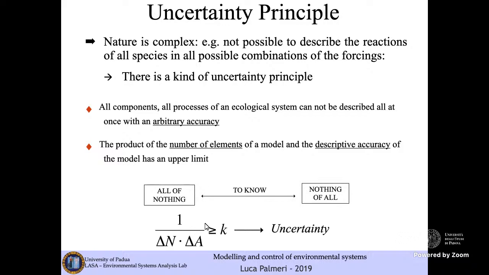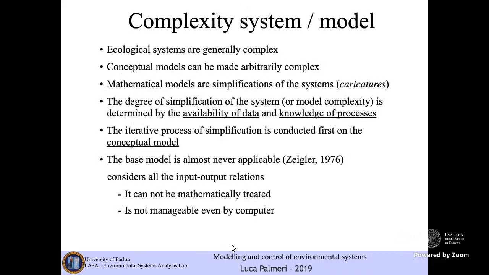So we have a limit on including the largest number of elements in a system and the largest accuracy in the description of those elements. We end up by saying that ecological systems are generally complex. Conceptual models can be made arbitrarily complex, as I showed you with the model of the trophic network of the Palude della Rosa in the Lagoon of Venice.